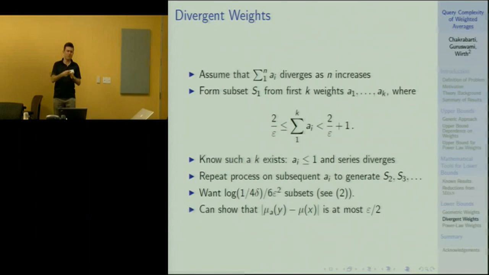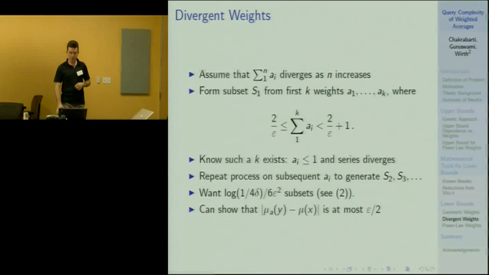So this time we're doing an epsilon over 2 plus an epsilon over 2 approximation for the mean, and so forth. It's not too hard to fake the mean problem here because you can just take consecutive chunks. So in fact here the obtaining of the subsets is quite easy.